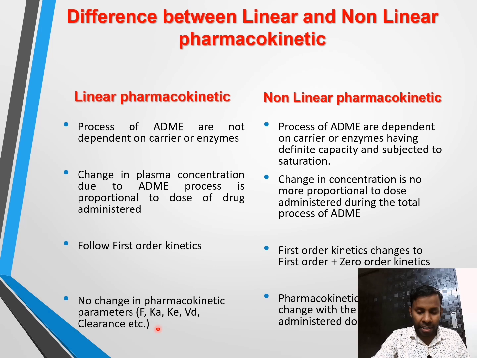Then last point, no change in pharmacokinetic parameters. In case of linear pharmacokinetics, the pharmacokinetic parameters like F, Ka, Ke, Vd, clearance, meaning bioavailable fraction, absorption rate constant, elimination rate constant, volume of distribution and clearance, will not change.